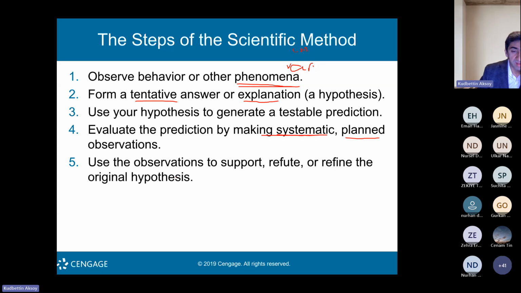Something that science doesn't do, we don't prove things. Proving things is in math. In science, in scientific methodology, we provide evidence, provide support to some ideas. And we talk with a level of significance.